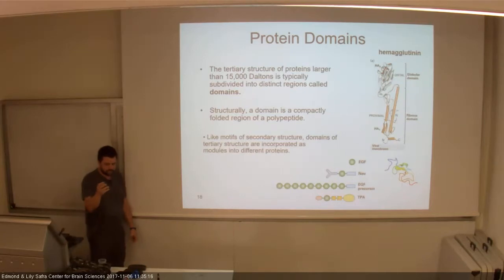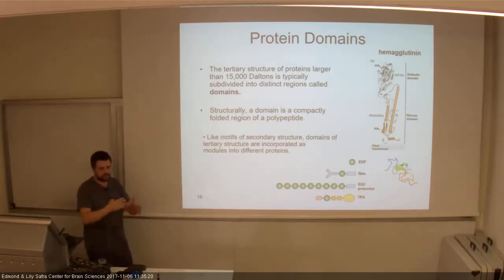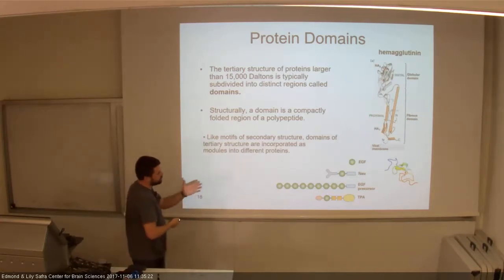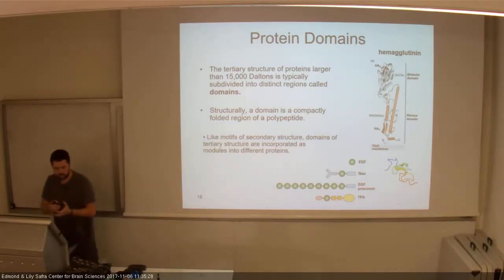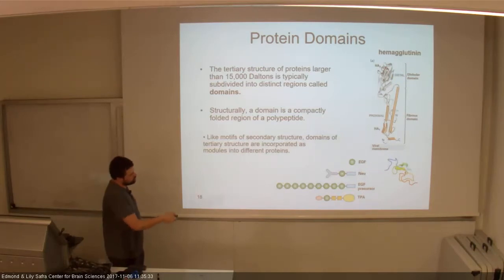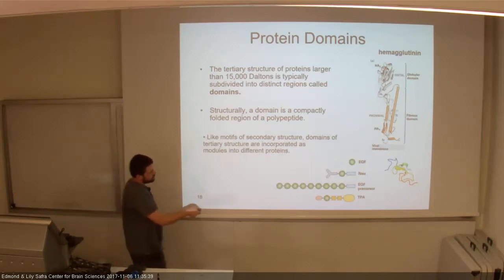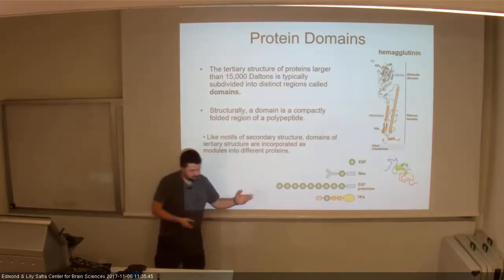You'll see in different articles that they will say something like EGF-like domain, which tells you that the proteins they're talking about have regions that look like EGF. For example, the EGF precursor protein that produces the EGF has a lot of repeats of EGF, and this protein will have this element, then an EGF-like domain and another domain, and TPA will have an EGF domain somewhere else.